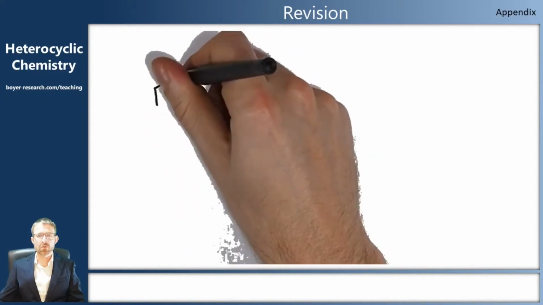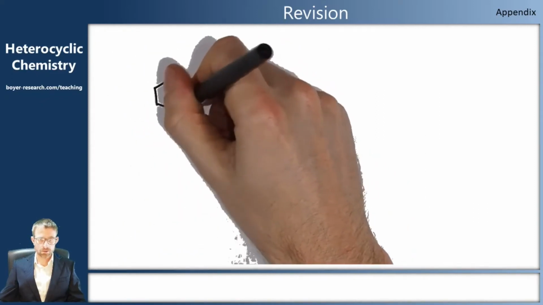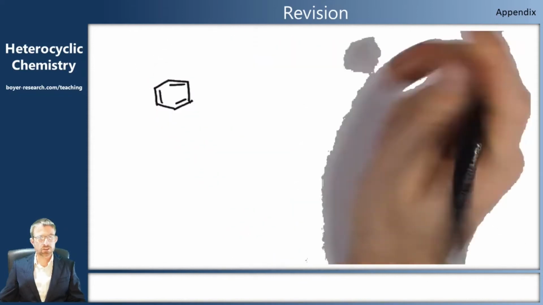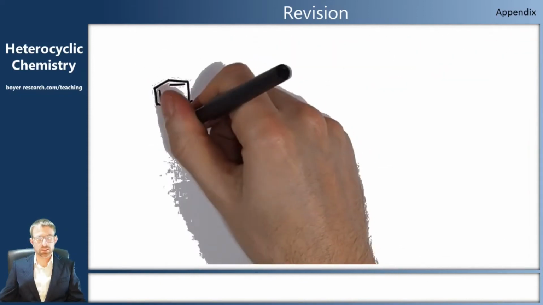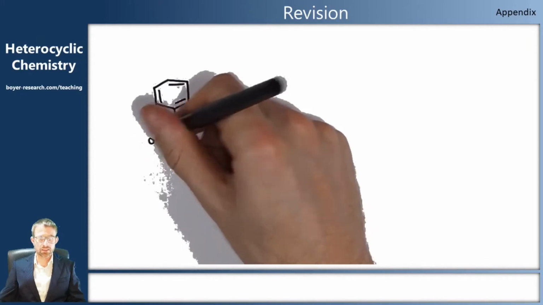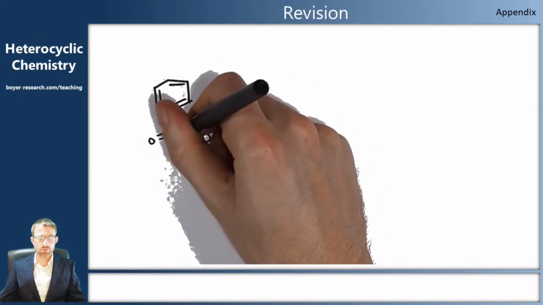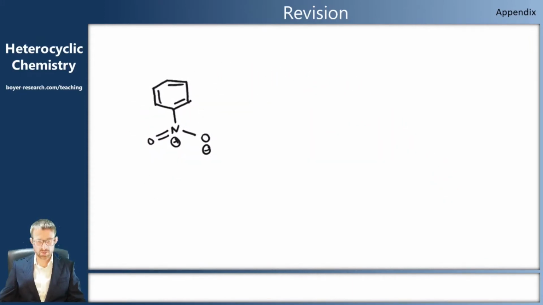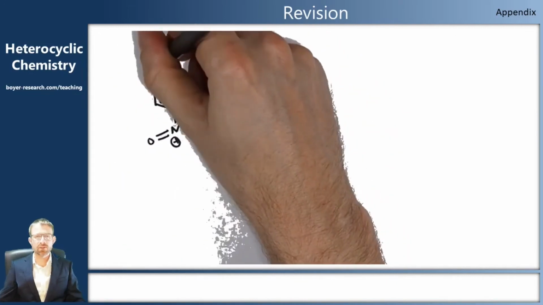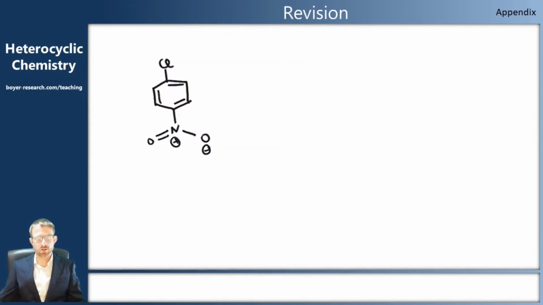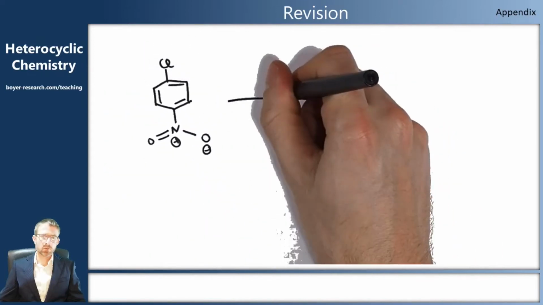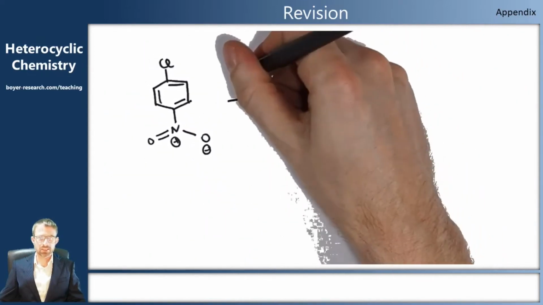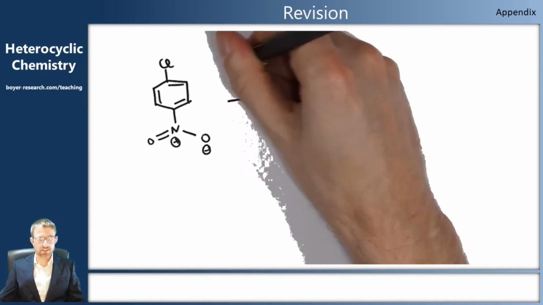We can look at this again more slowly. If we start off with an aromatic system with some kind of electron poor group, such as a nitro group, that is substituted with a leaving group, for example a chloride, then we have a nucleophile such as methoxide.